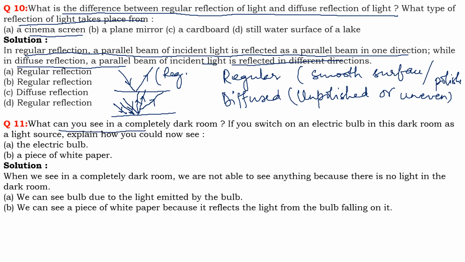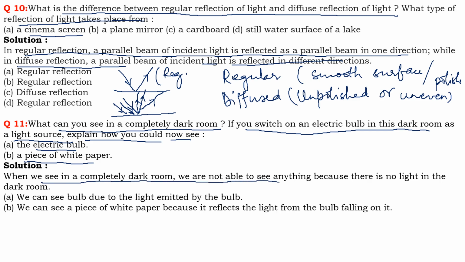What can you see in a completely dark room? If you switch on an electric bulb in this dark room as a light source, explain how you could now see. When there is an electric bulb and a piece of white paper in a completely dark room, we are not able to see anything because there is no light.